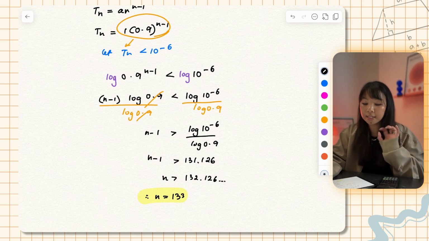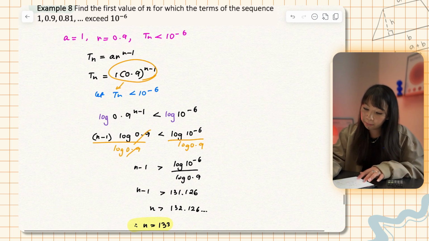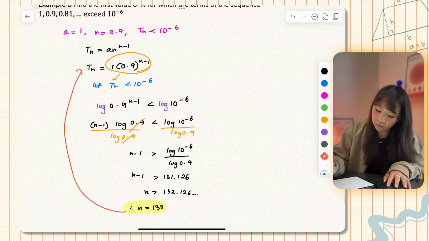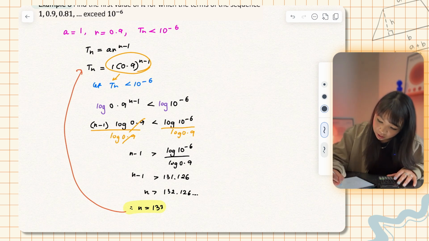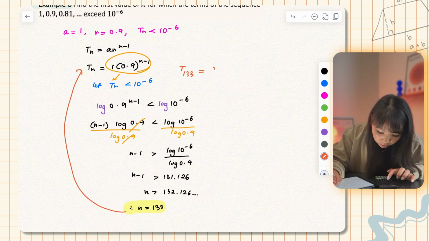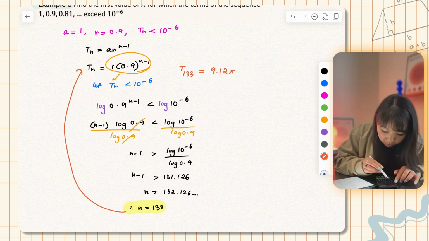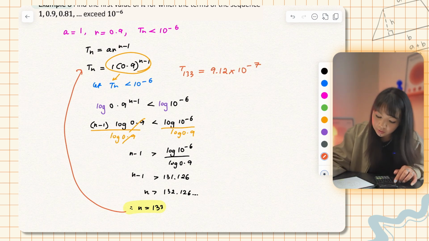Okay, now let's always test if this is true. If I plug this in to our Tn formula, I'm going to get 0.9 to the power of 133 minus 1. So T of 133 is going to be 9.12 times 10 to the power of negative 7.